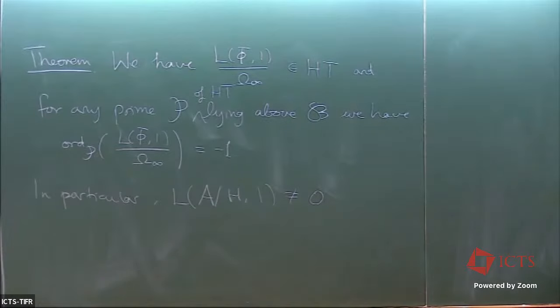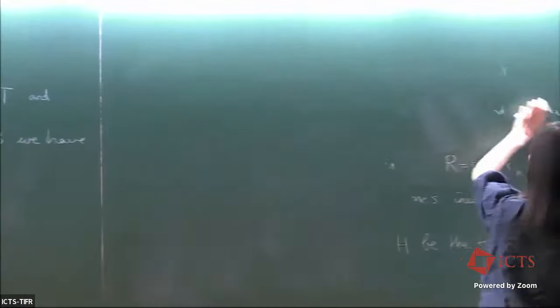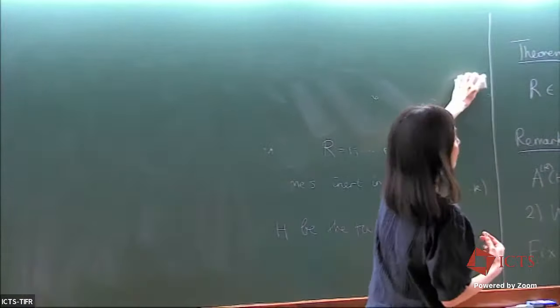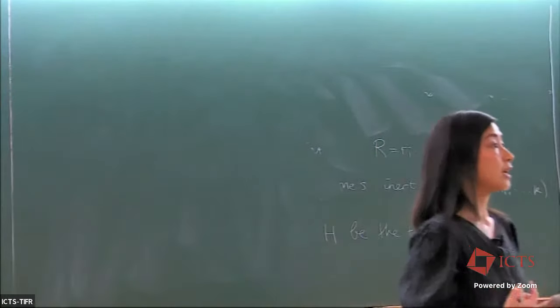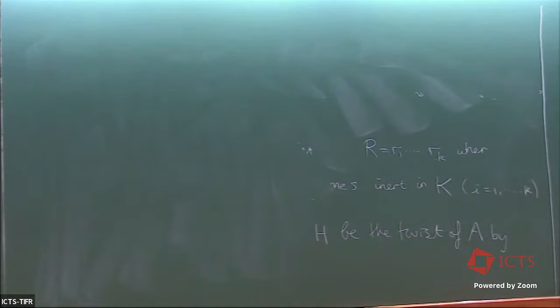Yeah, we have an explicit equation for it; I didn't write it down. Sorry about the rationality: this L value divided by the period is in HT, but isn't the initial elliptic curve defined over H?